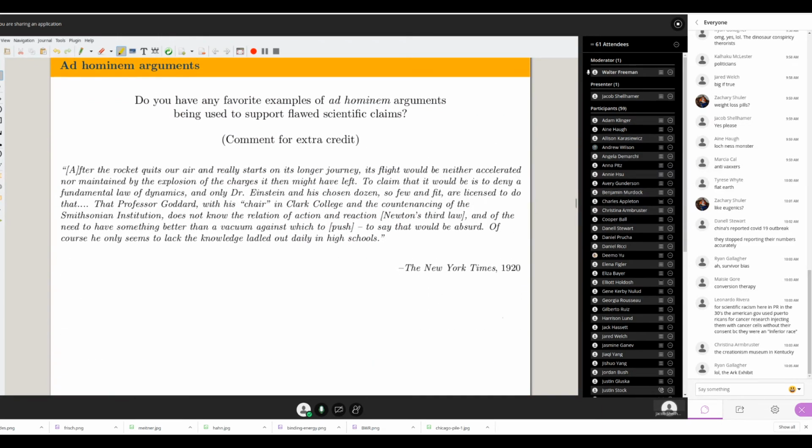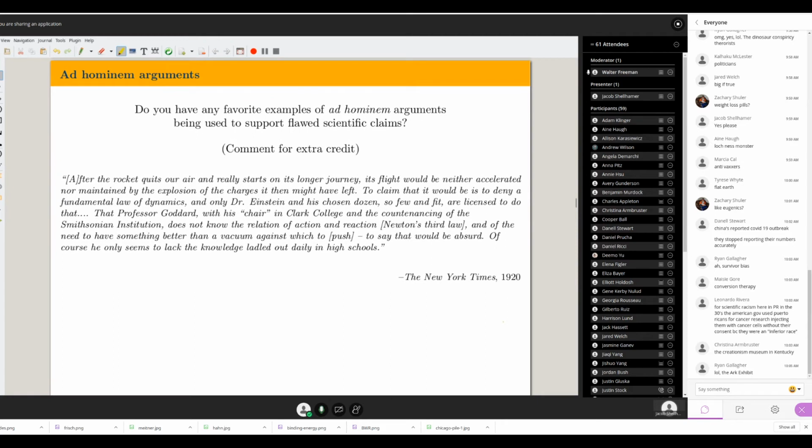One of my favorites was the New York Times commenting on spaceflight. In the 1920s, the New York Times wrote, after the rocket quits our air and really starts on its longer journey, its flight would be neither accelerated nor maintained by the explosions of the charges that it then might have left, meaning it burning rocket fuel. To claim that it would be is to deny a fundamental law of dynamics, and only Dr. Einstein and his chosen dozen, so few and fit, are licensed to do that.